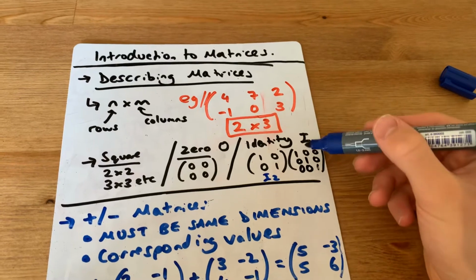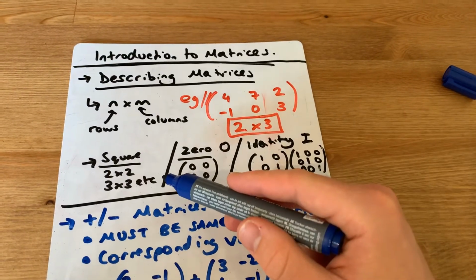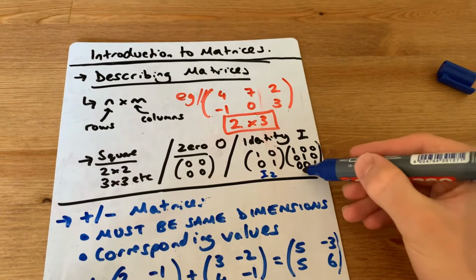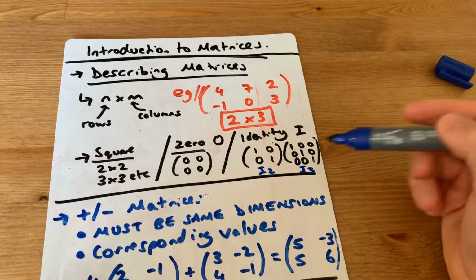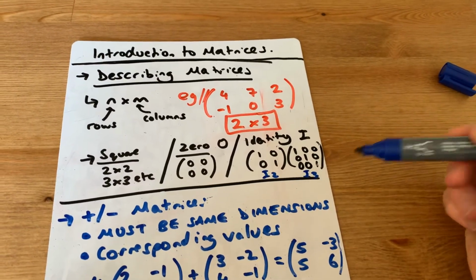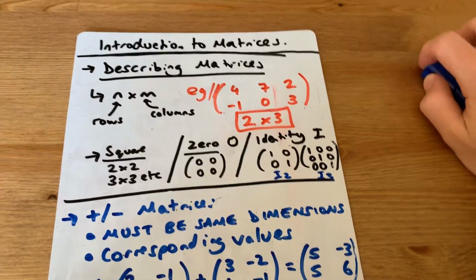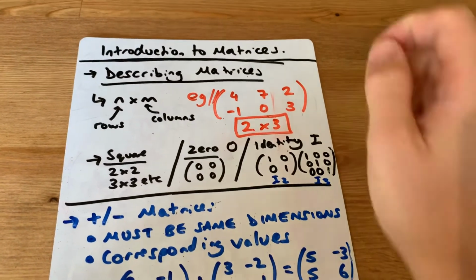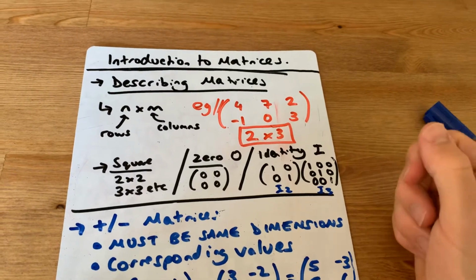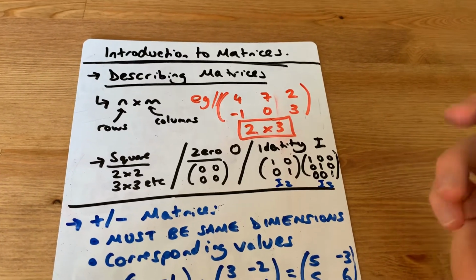You'll notice that all identity matrices are also square matrices, and this one here is called I3, etc. I'm sure you can continue this pattern to develop I4, I5, etc. So those are three specific matrices which we may need to know at some stage.